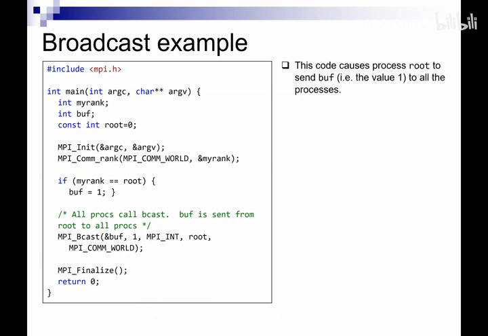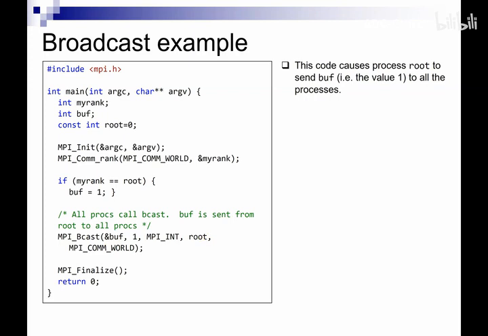Let's do this with an example. Let's say that we have a root node, which is node 0, the node with rank 0. The root node wants to broadcast a value of 1 to all of the other processes. This is our code for doing that. We call MPI broadcast here with this value of 1, and the source of the broadcast is going to be the root node, 0.